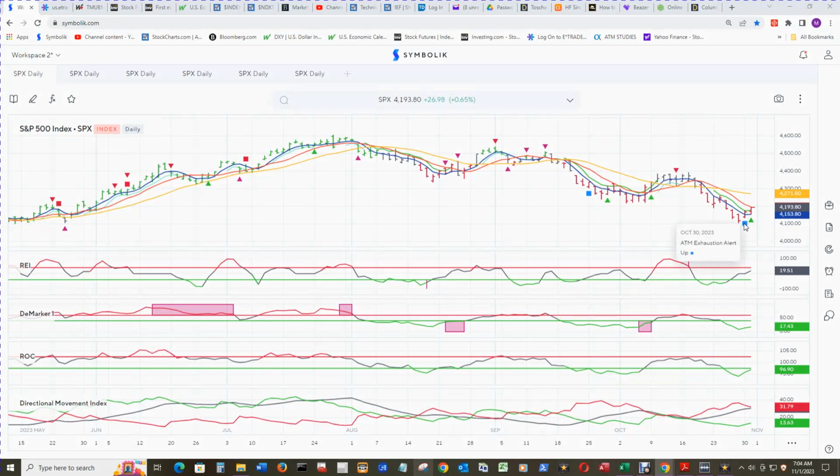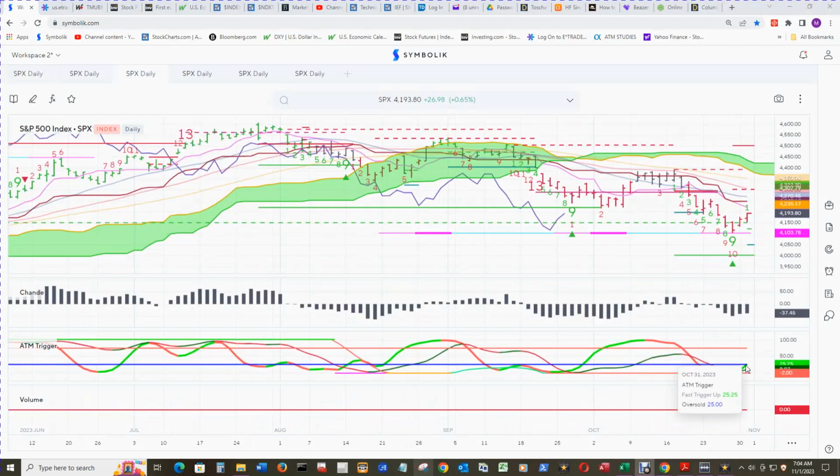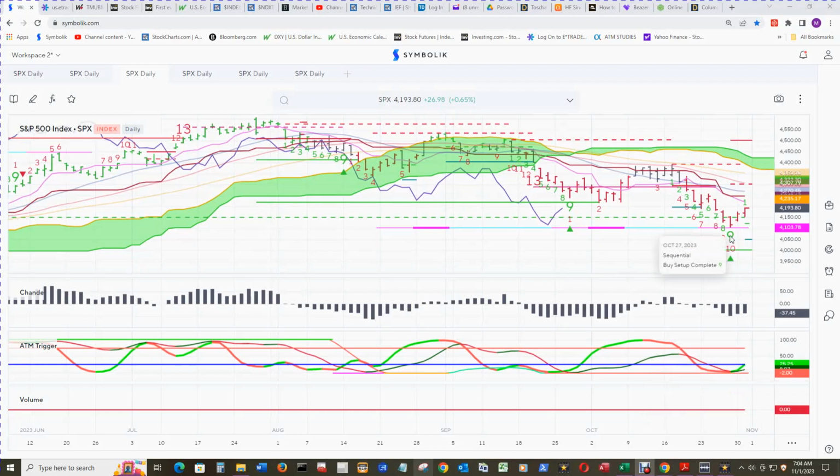So maybe an exhaustion alert up, the low risk up, REI coming off a neutral zero, DM1 about to cross over oversold, ROC oversold, ATM fast crossing above oversold. See a hook up on the slow trigger. And stocks that have printed the sequential buy setup 9 end count perfected, things like that.